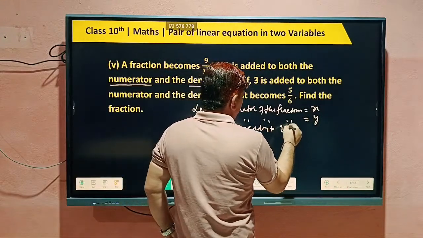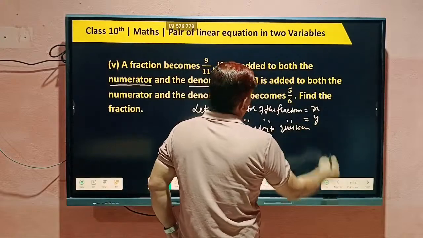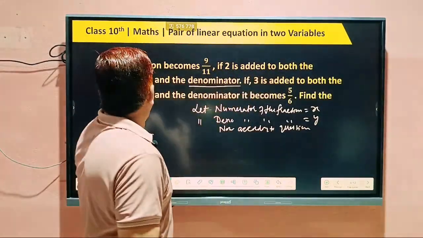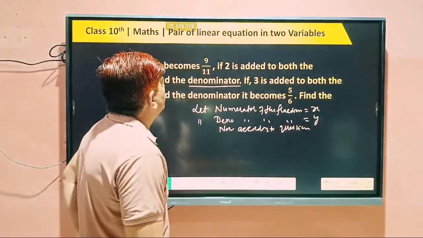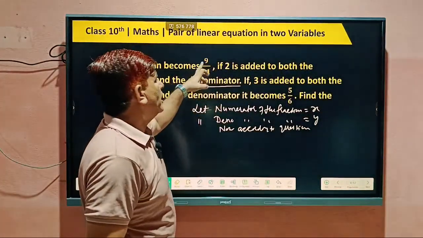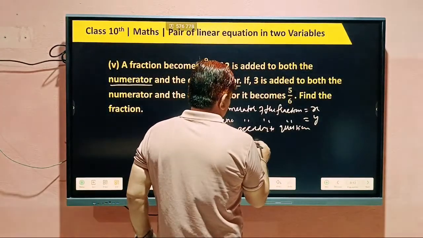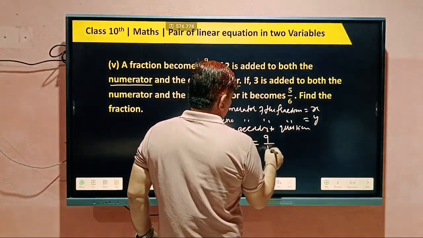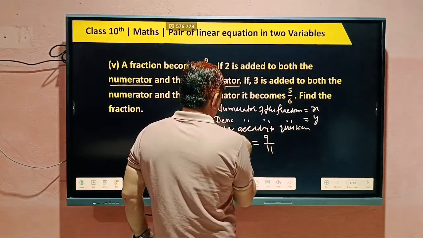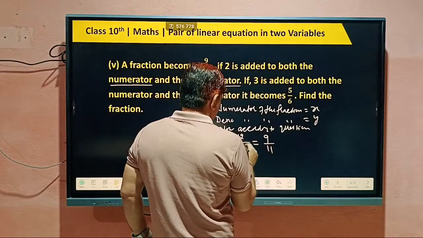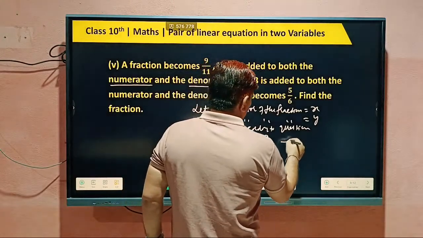According to the question, if 2 is added to both the numerator and denominator, the fraction becomes 9 by 11. So it becomes 9 by 11 when adding 2 in the numerator and 2 in the denominator. This is your equation number 1.